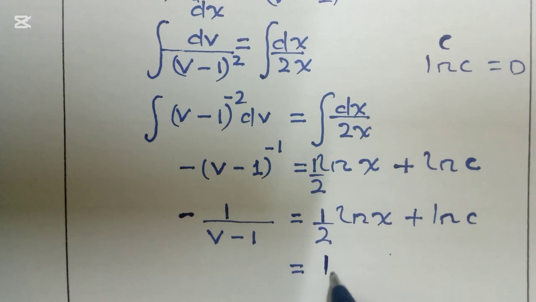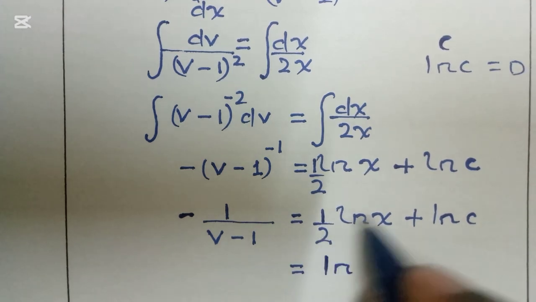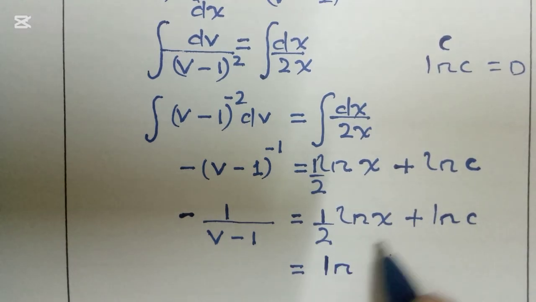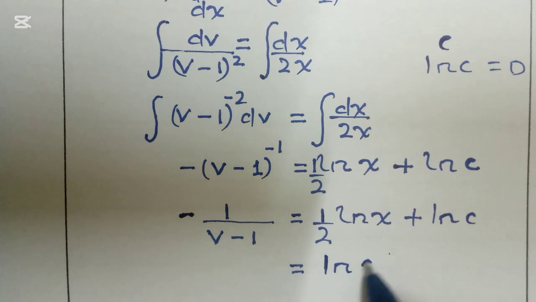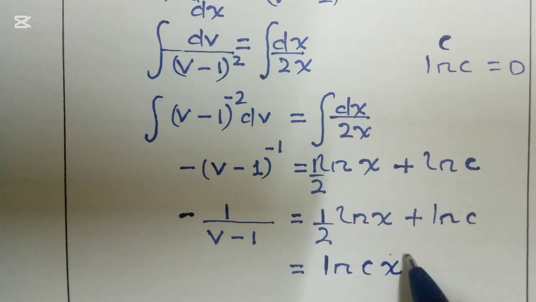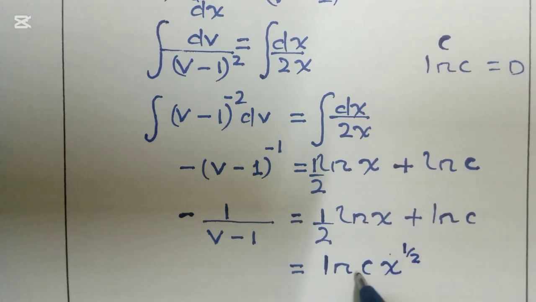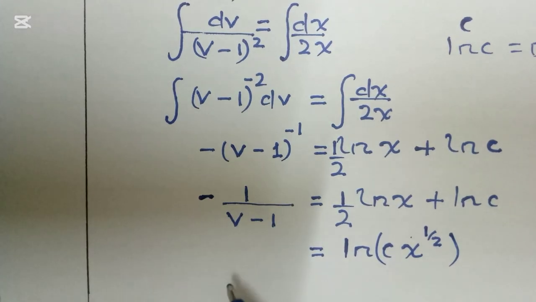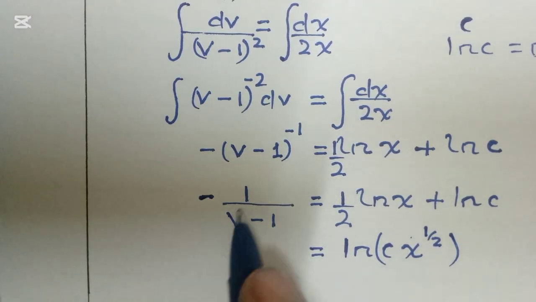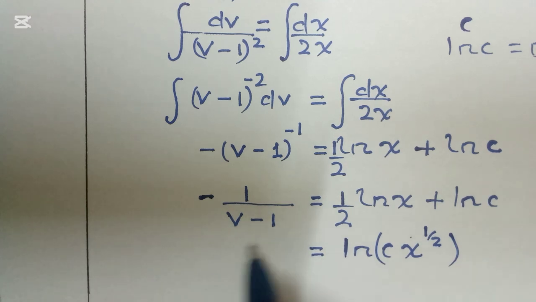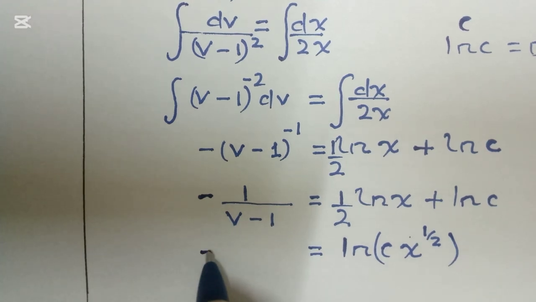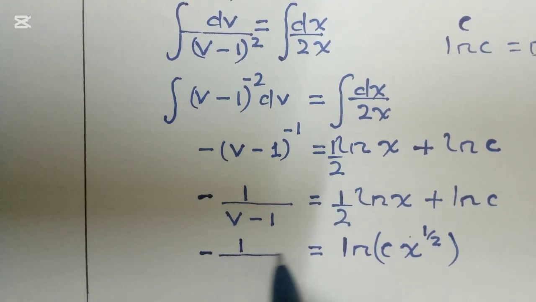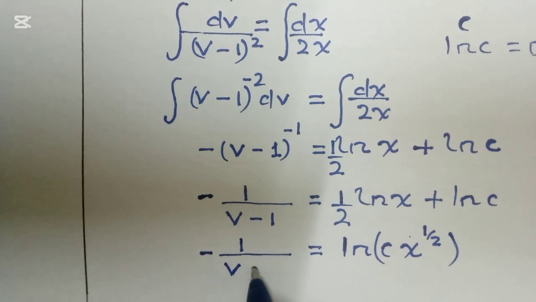Instead of writing a half, we write natural log half, we bring it here. So we shall have, if we combine them, natural log of c x raised to a half, like that. And this other side we shall have this term, which is negative 1 all over v minus 1.